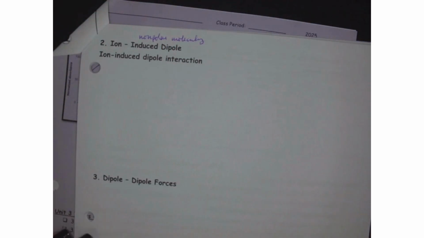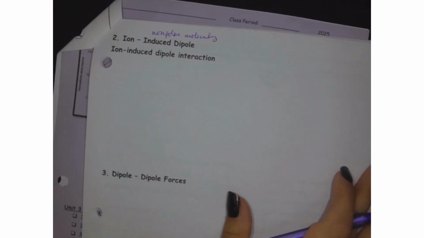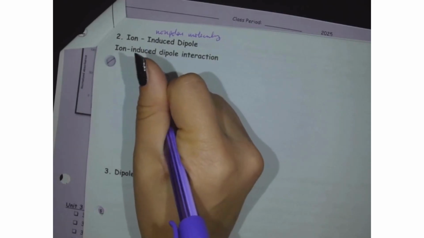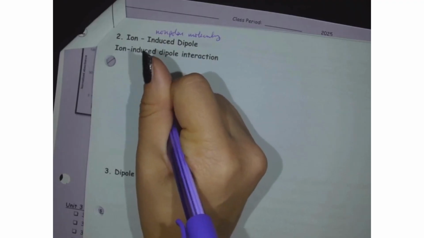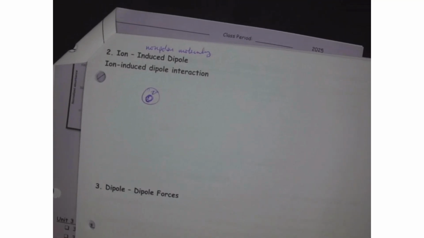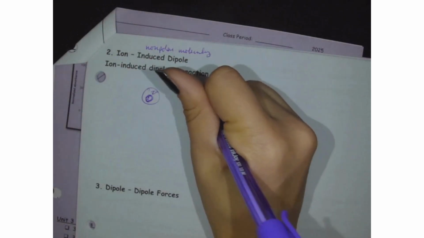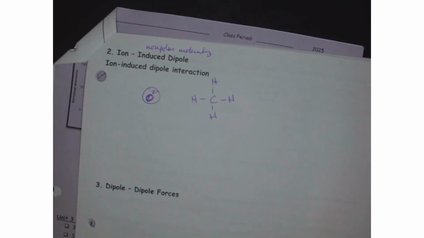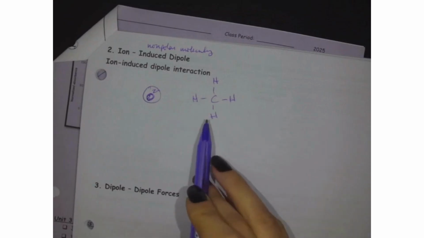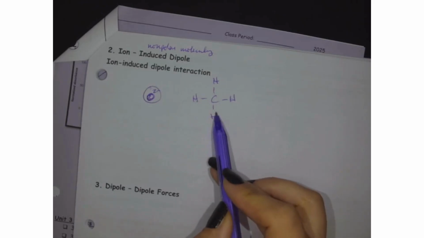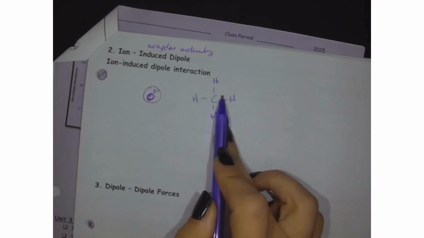So if it's an ion-induced dipole, that means that we have an ion. Maybe let's go with oxygen as an ion. So it's oxygen, it's a 2-, okay? And we have a nonpolar molecule like CH4. Okay. So, 2 reasons why this is nonpolar. First is it's symmetrical. It has 4 electron domains and they're all the same.